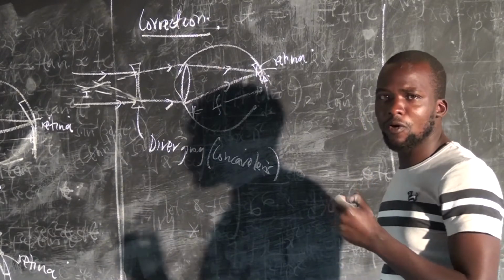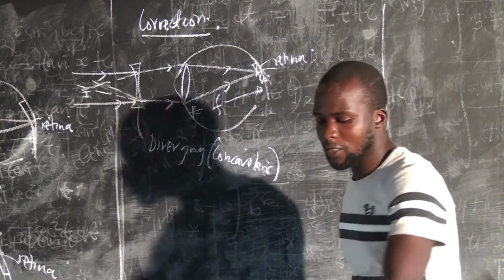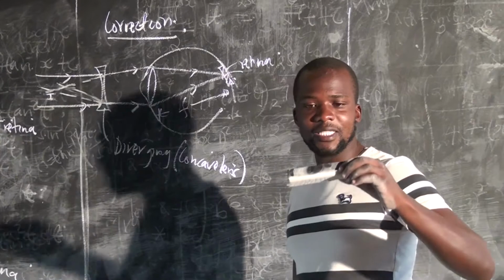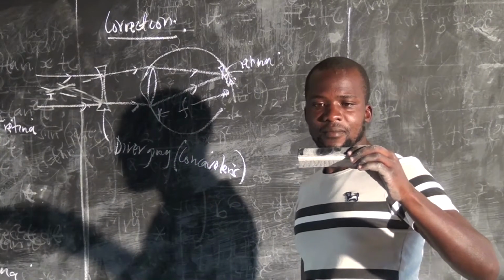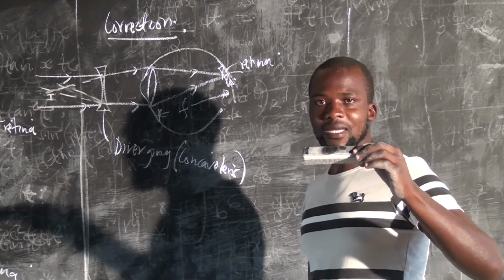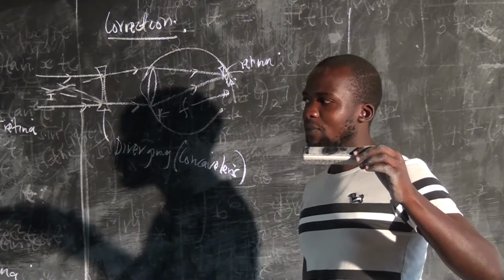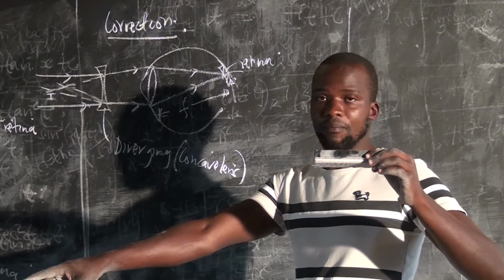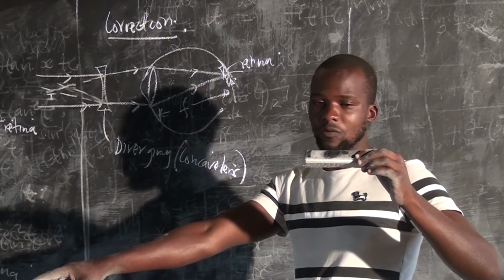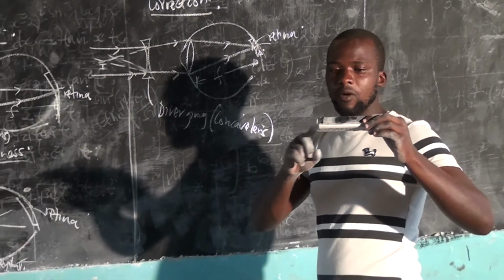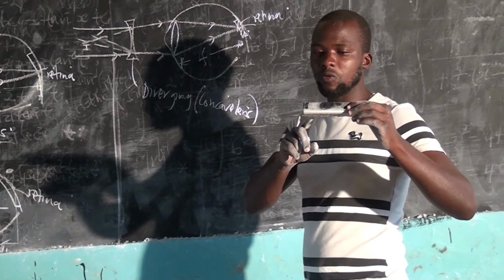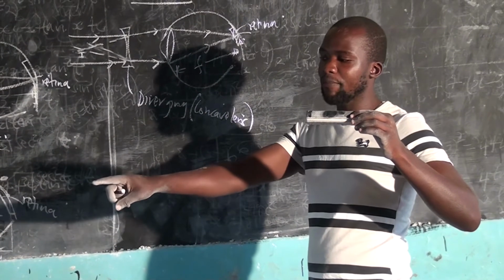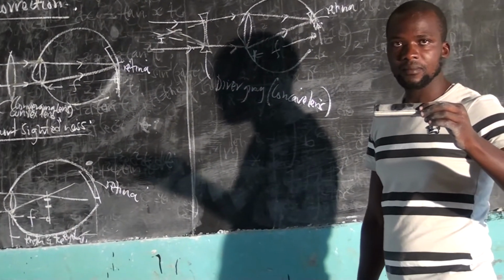If I wanted to look at this duster, I can't look at it at the same time as I'm looking at the other box of pieces of chalk. When I look at this duster, if I want to look at the other box, I have to blink.